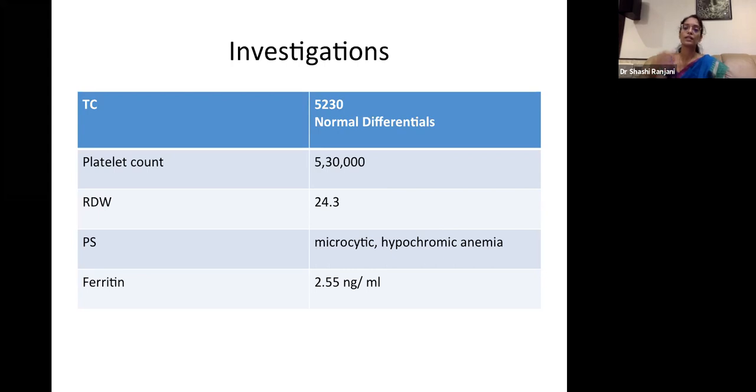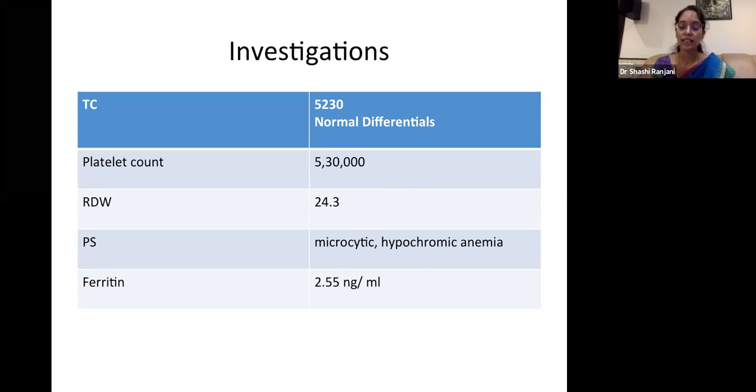Two things that I want to tell here. In a child who comes with a typical history and a typical CBC and peripheral smear finding of iron deficiency anemia, how much do we investigate? Of course, we can go ahead and do the total iron binding capacity or the full iron studies, but more often just a ferritin would suffice.